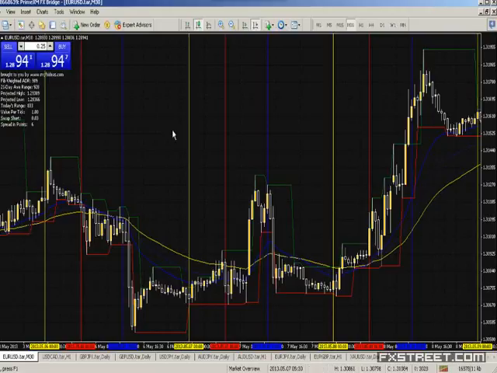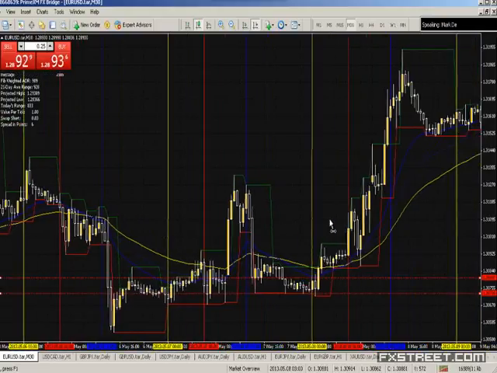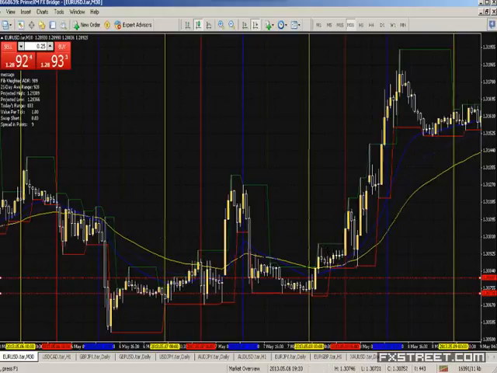Or you could figure out what the congestion was before the open of, say, Tokyo, and I will put my buy stop and sell stop at that range of the congestion before the Tokyo open, or the congestion before the open of the European market.